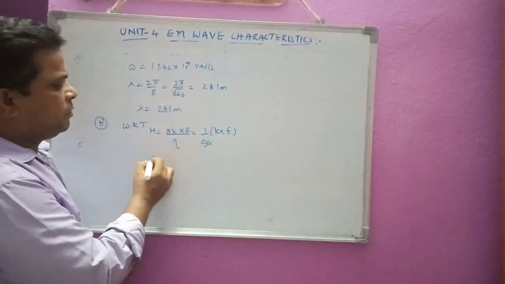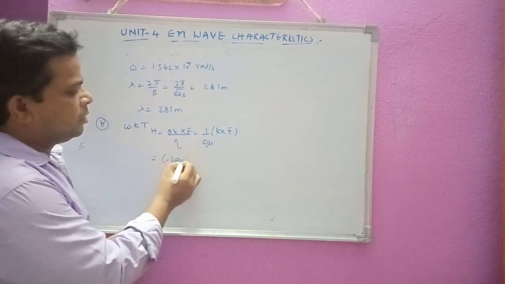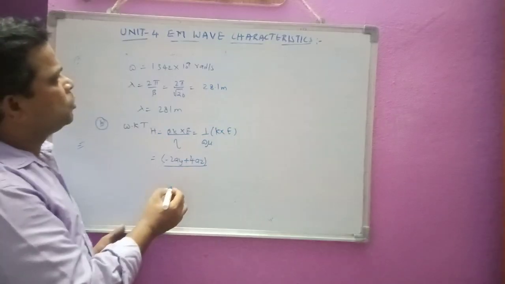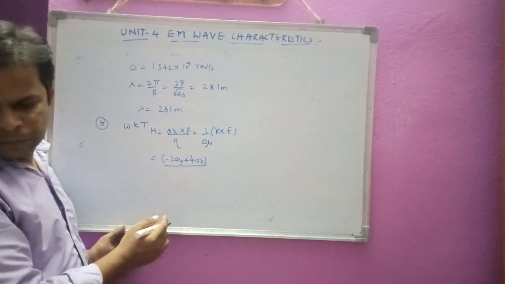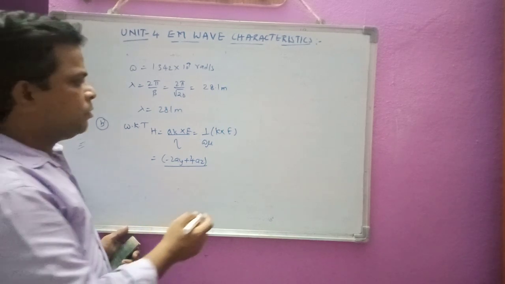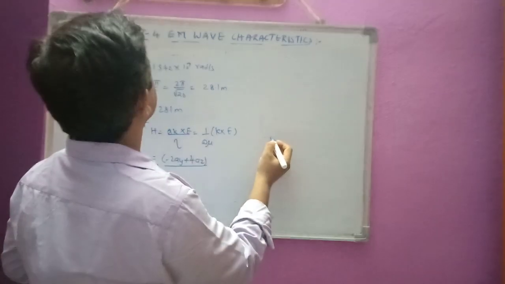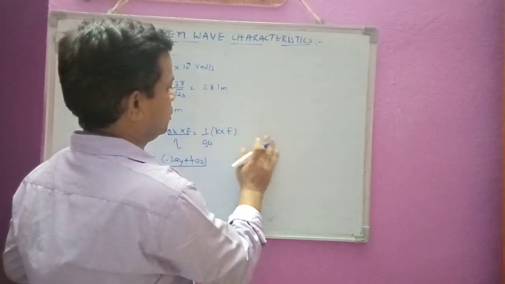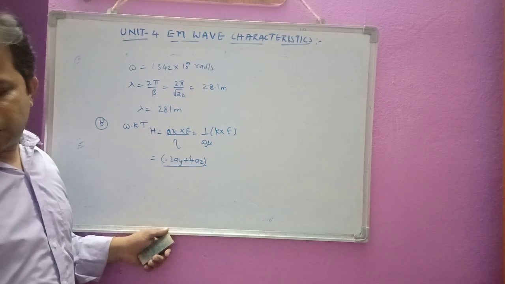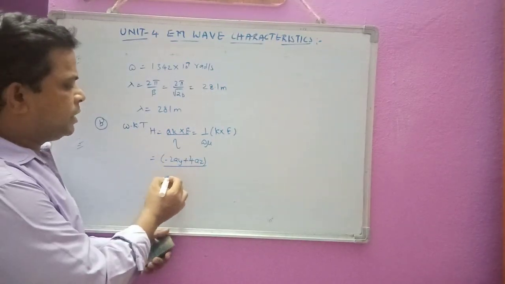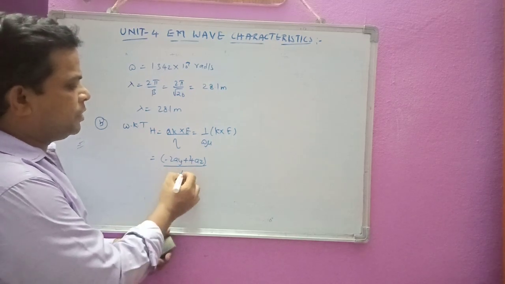So AK is already given in the question itself, that is minus 2AY plus 4AZ, divided by the omega value. Here omega into mu is needed. Omega we have already found, omega is equal to k into c, that is root 20 into c. Eta for free space is 120 pi.